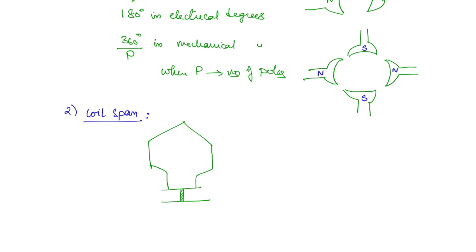Let us say this rotor slot we take as number 1, and in between there are a number of slots. The final slot is, let us say, number 7. Then what will be the coil span? It will be the slot difference between the two conductors of the same coil. So here it is 1 and 7, the coil span will be 6. That is what coil span is.